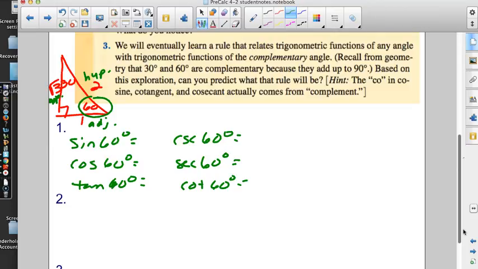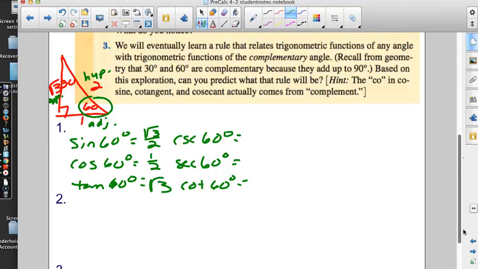Sine of 60 degrees. What you got? Square root of 3 over 2. Yeah, I already know your heads were down and everybody was already doing these when I was writing this down. Cosine of 60 degrees. What do you have? 1/2. Tangent of 60 degrees. Square root of 3.